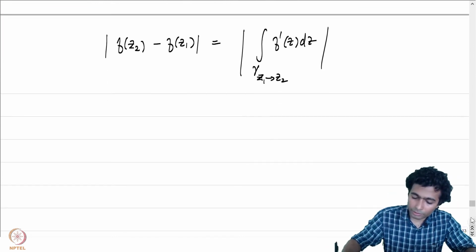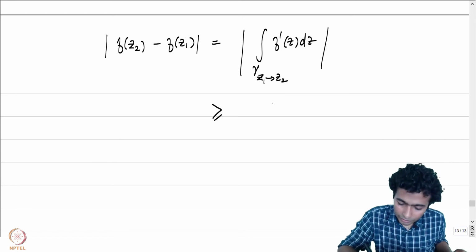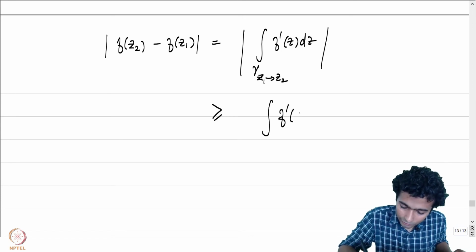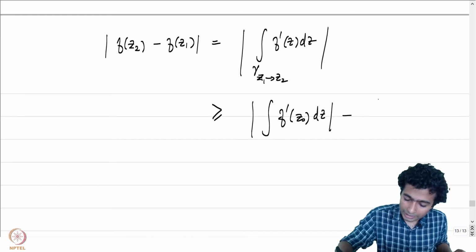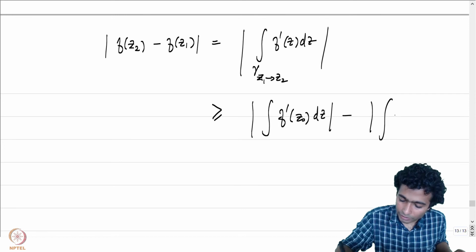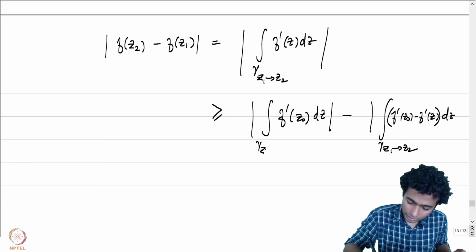Now that is going to be greater than or equal to, by the triangle inequality again, which is captured in the following manner: the absolute value of the integral of f prime of z0 dz minus the absolute value of the integral of f prime of z0 minus f prime of z dz, over gamma z1 to z2.